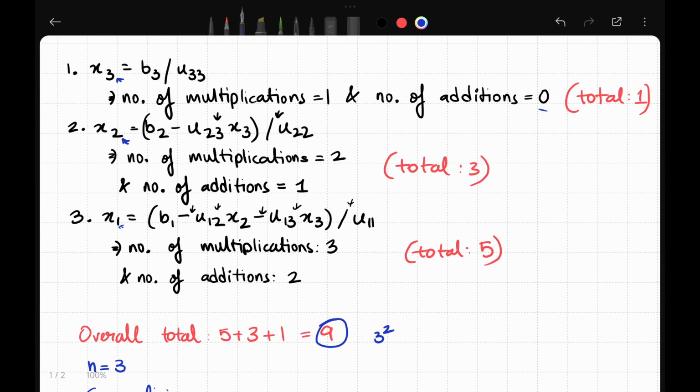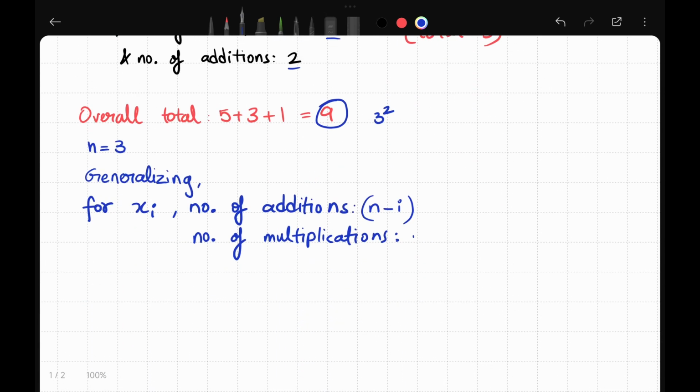So when it was 0, this is 1; when it is 1, it is 2; when it is 2, it is 3. So it is n plus 1 minus i.